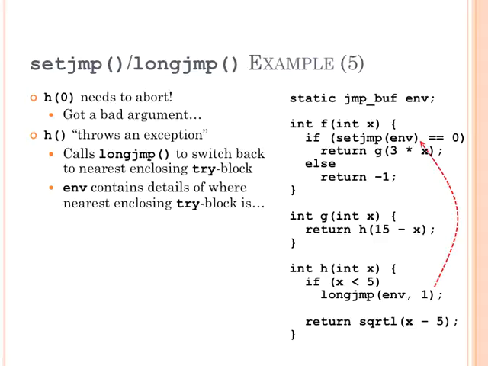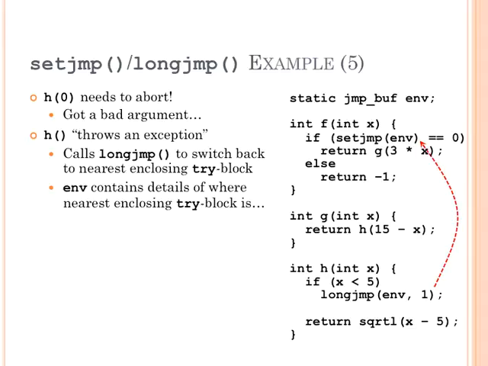So it throws an exception, and what it does is it calls longjmp, which basically sets everything back up, restores the registers, restores the, what else does it restore? The stack pointer. It restores the return address on the stack so that when longjmp returns, it goes back to where it was called, or where setjmp was called.